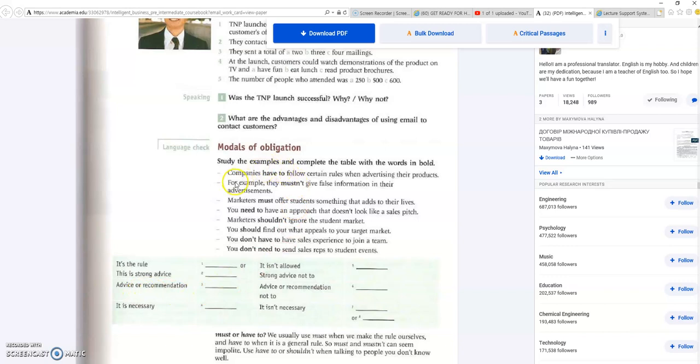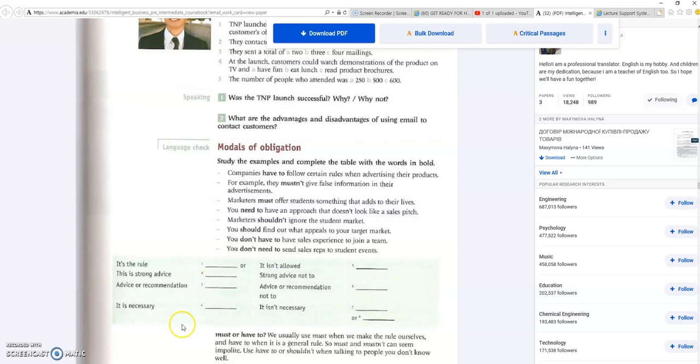So you have companies have to follow certain rules when advertising their products. Okay? So which modal is it? It's the rule. So, of course, it's have to. So, have to goes into the first line.